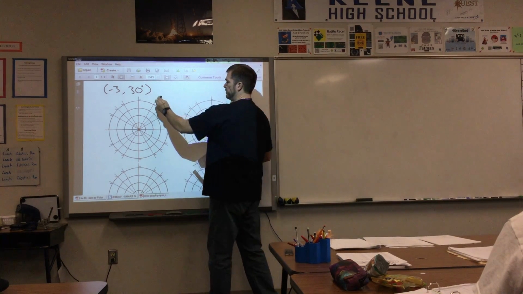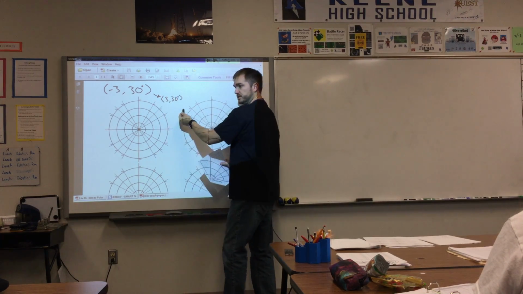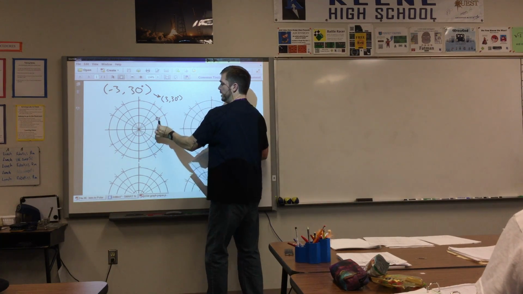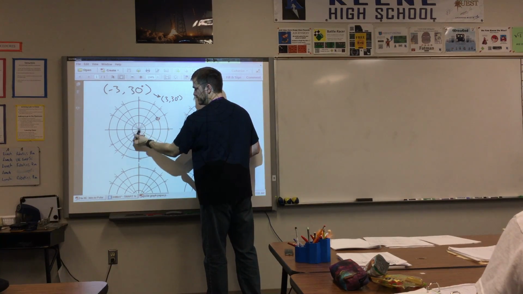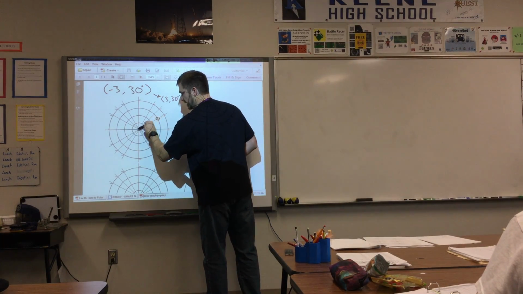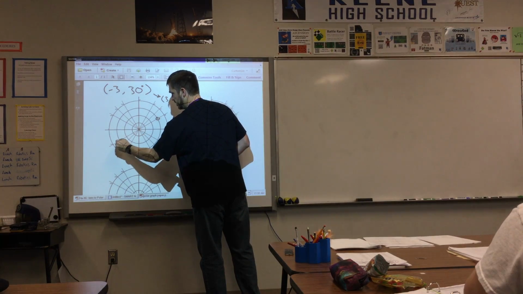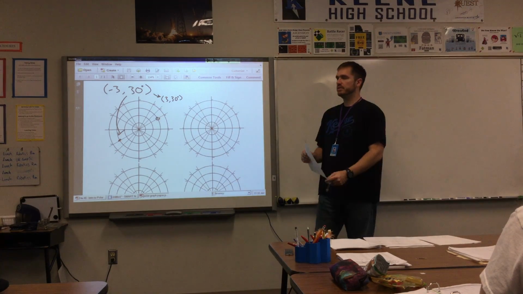So here's what I would do. I would graph positive 3, 30 degrees, temporarily. So 1, 2, 3, so I'll draw a little dot. But then let's go in the opposite direction. So that would still be along this line, but in the opposite direction. So it's going to follow down here. So 1, 2, 3. That's our point. That's negative 3, 30 degrees.